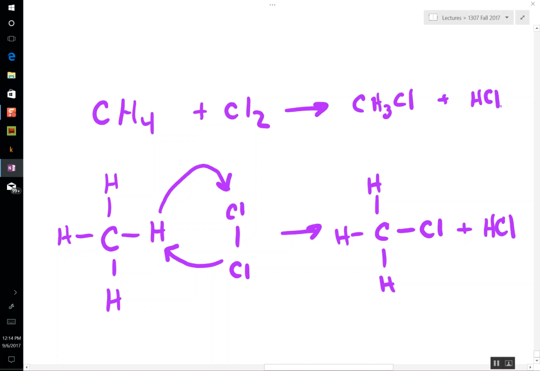And if you look at it, I've got two chlorines, 4 hydrogens, 4 hydrogens, 1 carbon, 1 carbon. That's balanced. What's happened? A chlorine has taken the place of a hydrogen, and the hydrogen has come off and bound to the other chlorine. So that is substitution. It's the halogenation of an alkane.